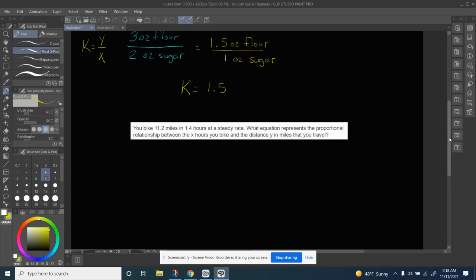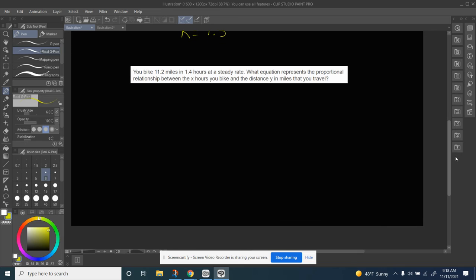Now, the second problem that I present is going to have us use a constant of proportionality. In this problem, they give us that we bike 11.2 miles in 1.4 hours. And the key here is that it's at a steady rate, meaning it's not changing.